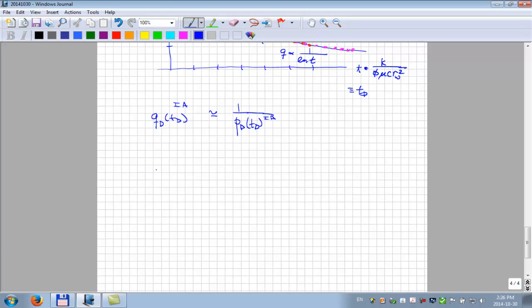And so what we can also say is that the dimensionless rate solution is approximately the same for a radial well and a vertically fractured well.